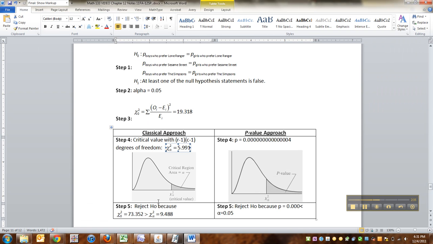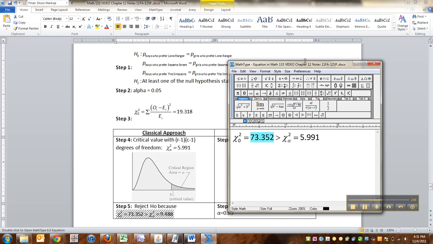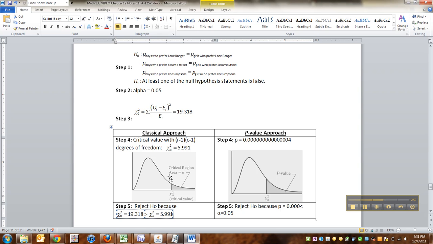All right, so then would we reject the null hypothesis? You bet your booties we would, because our critical value is 5.991, but our test statistic was something much larger than that, 19.318, right? So our critical value is right here where the border is, right there, that line, and then 19 is way farther over than that, so we would reject the null hypothesis.